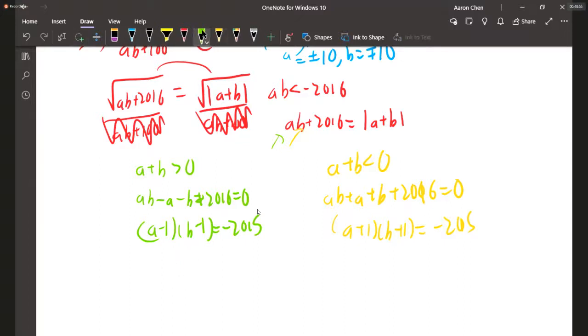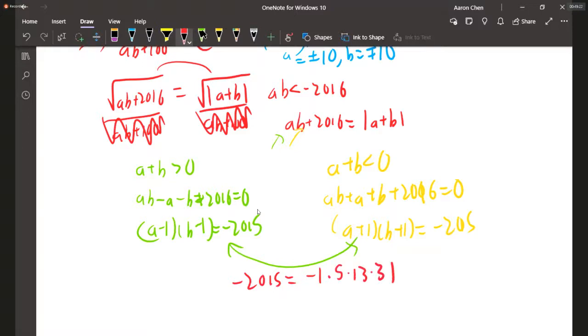Actually, sorry. When you combine these two cases, there's a total of 1/2 each, where a is greater than b or a is less than b. And now you can factor 2015. This is 5 times 13 times 31.